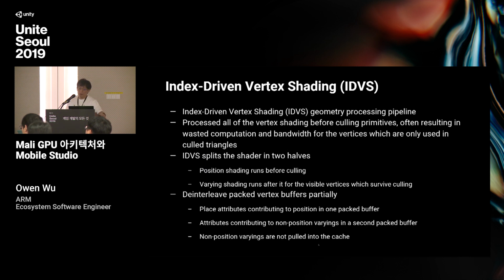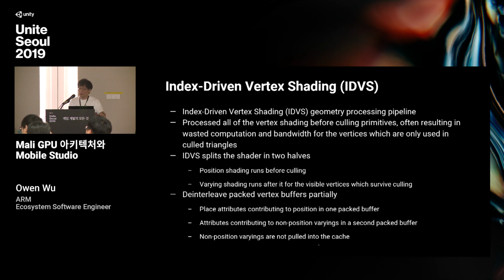There are a few new features in the Bifrost architecture. IDVS is one of them. Usually the GPU will process all the vertex shading before culling primitives, but this often wastes computation power and bandwidth on vertices which are only used in culled primitives.